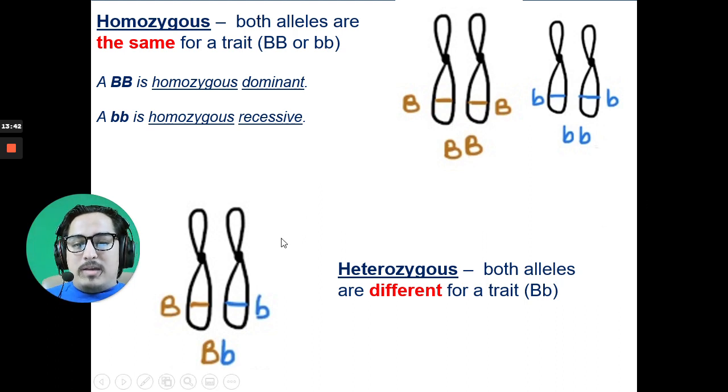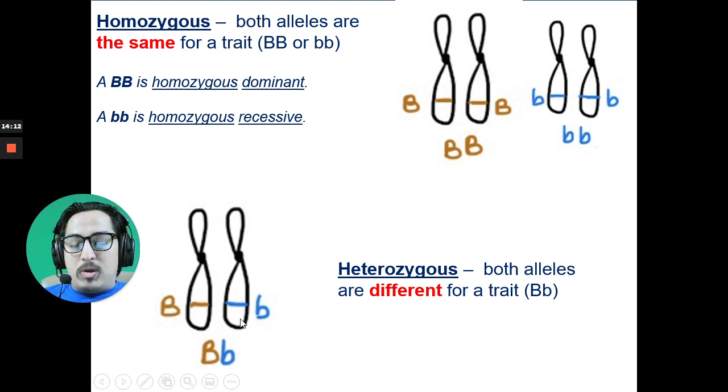Now, if you have this combination, capital B, lowercase b, that is called heterozygous. Heterozygous means different, that the two letters are different. Now, I don't mean like an A and a B. I mean like a big letter and a little letter. Remember, you can never have like an A and a B. That doesn't work. So heterozygous is when there's two different alleles, two different options. This person has a gene for the brown eyes and a gene for the blue eyes.